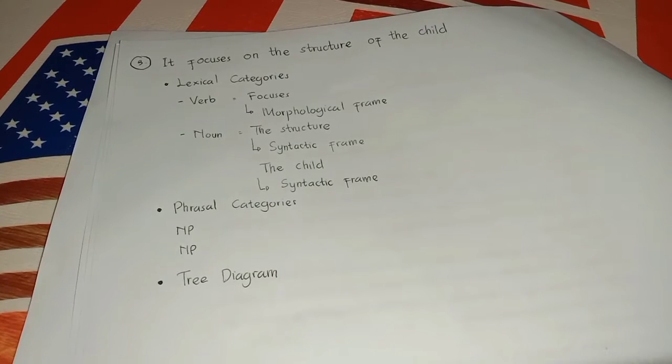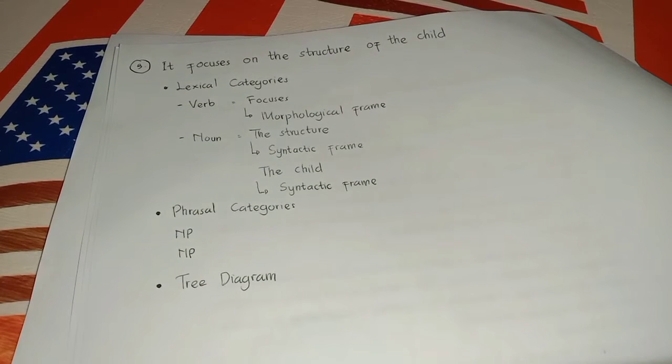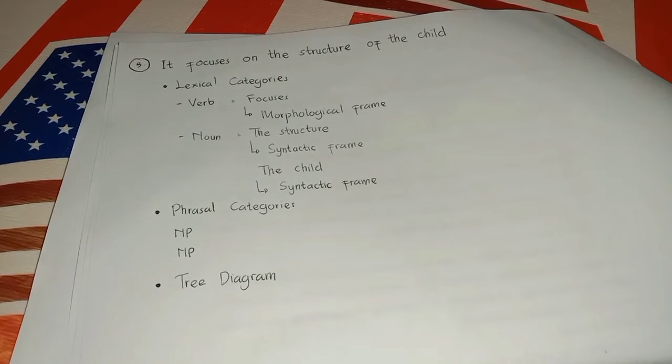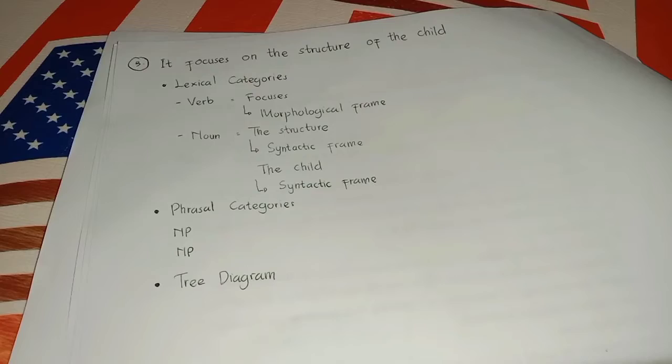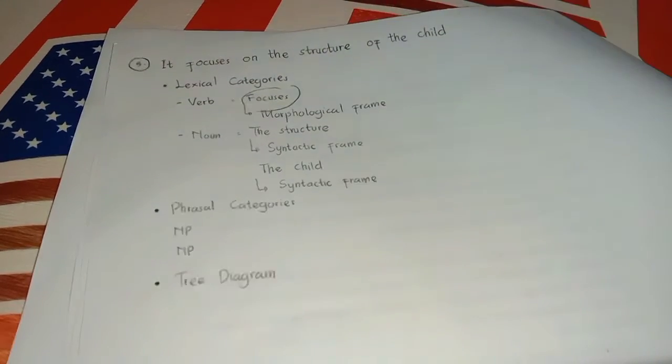Well, the third one focuses on the structure of the child. From the lexical categories, I found three kinds of words that included two lexical categories. The first one is the word "focuses." Why?